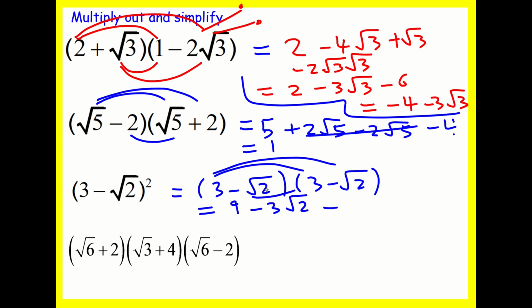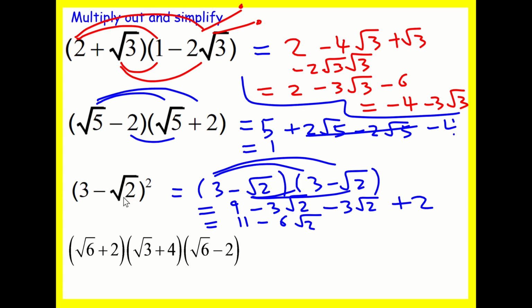I'm running out of space, but you can see it. I'm going to be minusing 3 root 2 again, because it's minus root 2 times 3. And then I'm going to be doing minus root 2 times minus root 2. That's actually going to give me plus 2. So I'm left with 11 minus 6 root 2.